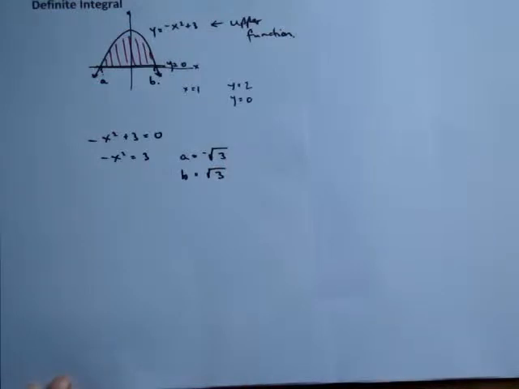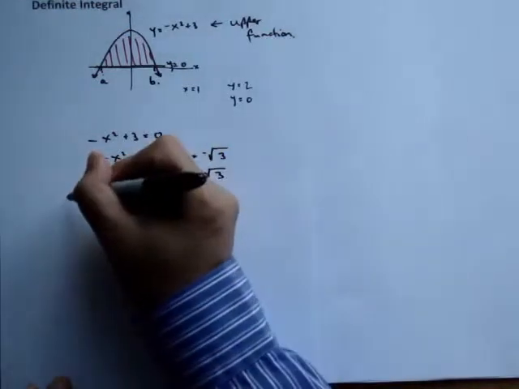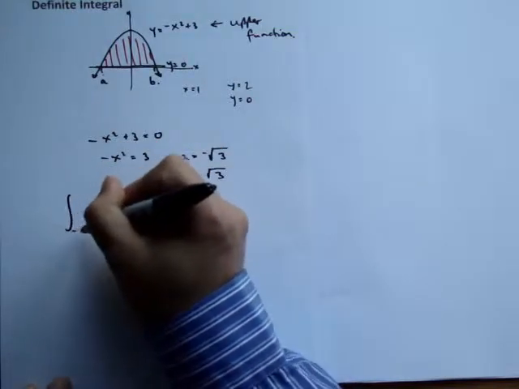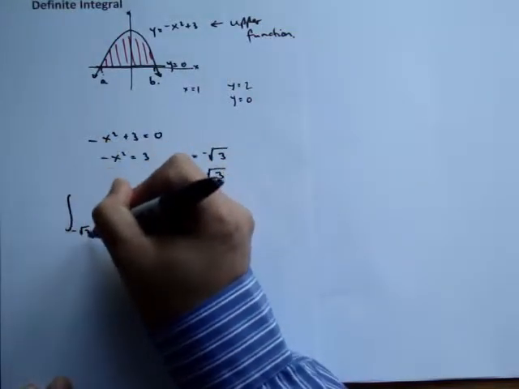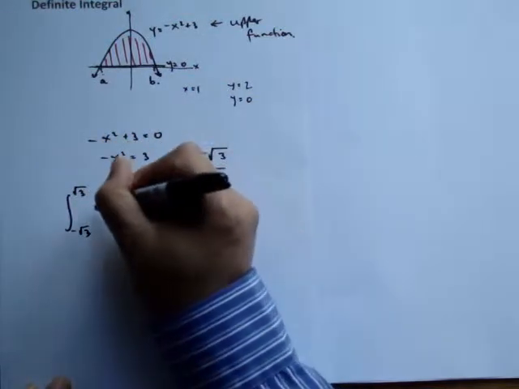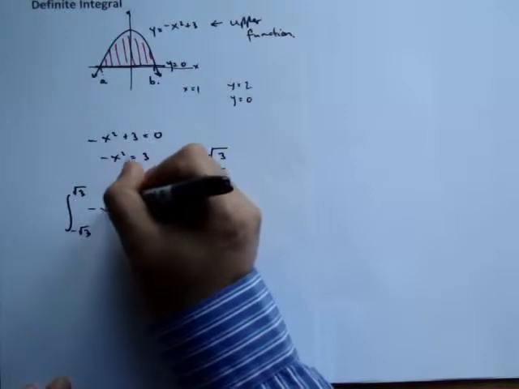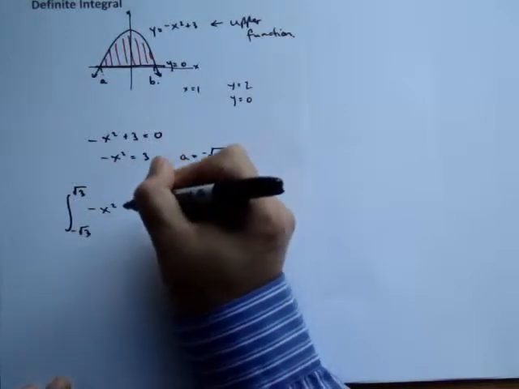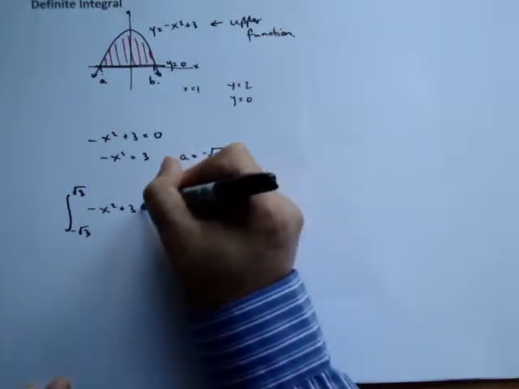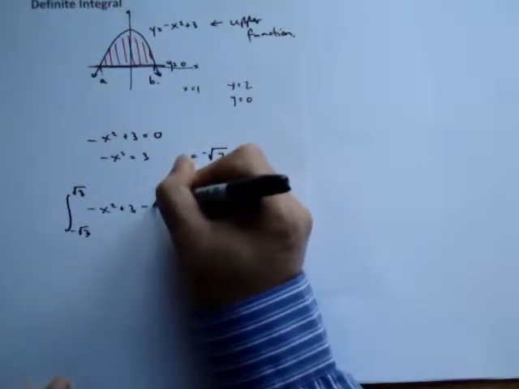Now we can do our integral, so it will be the definite integral between minus square root of 3 and square root of 3 of minus x squared plus 3 minus 0.